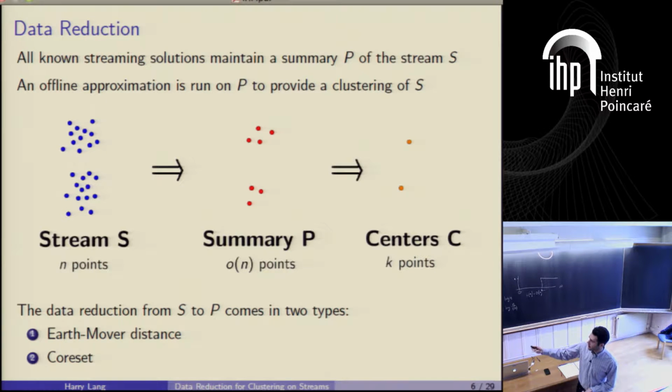The whole innovation in the streaming algorithms is this arrow here: when you get your stream, how do you create the summary? Then at the end, you use the black box, whatever the best offline approximation is, to get your centers. But this first arrow comes in two flavors: one is earth mover distance, and one is core set. I'll explain what these are.